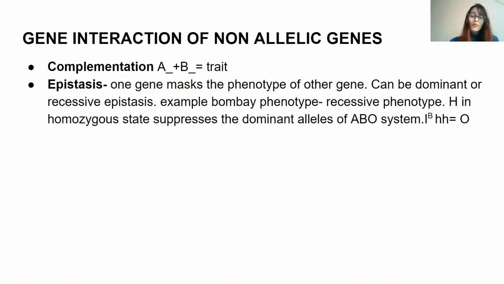So what happens in Bombay phenotype, that H gene, if it is present in its recessive state, it can mask the phenotype of the dominant genes of the ABO system.